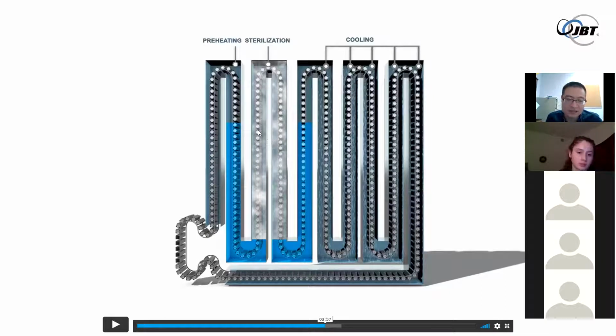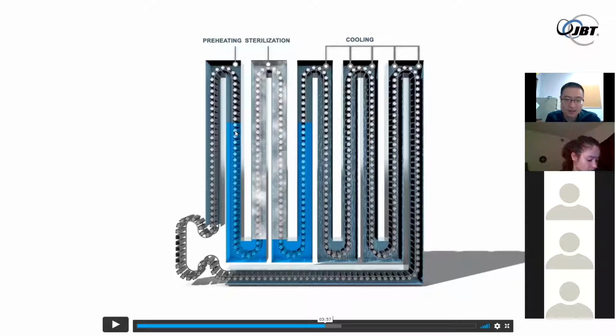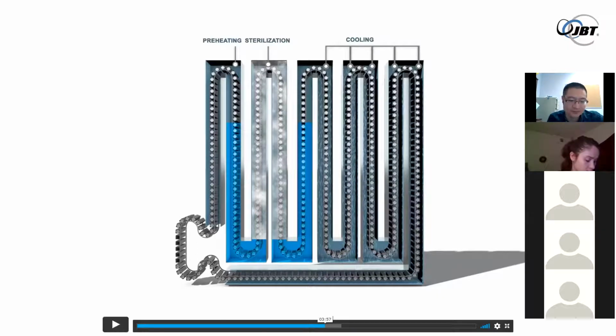And then there's a pressure difference, and the pressure here is equal to 1 atmosphere plus the pressure provided by this height of the water. So that's why we can keep the core part, the holding temperature section, always pressurized, because we are using water as the seal in this case.